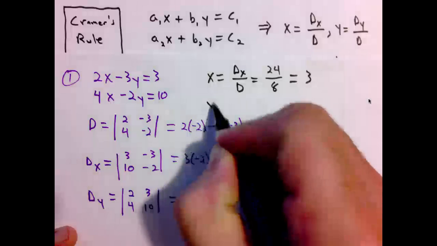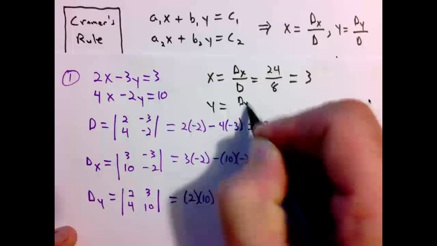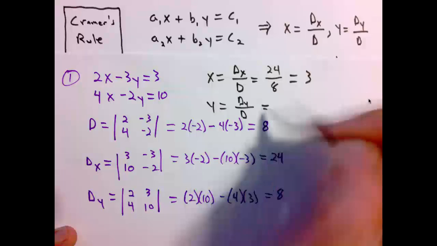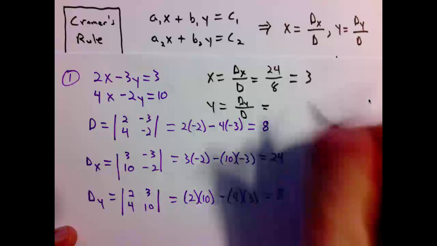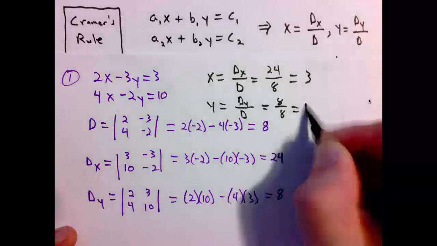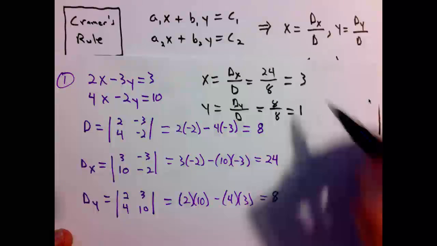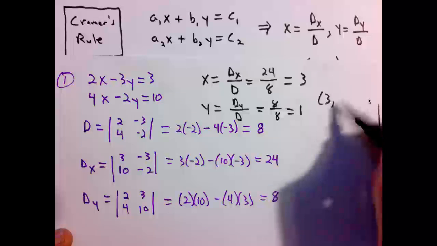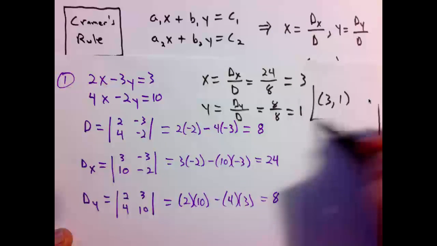The y is going to be d sub y divided by d. D sub y is 8. D is 8. 8 divided by 8 is 1. So we're left with a solution 3, 1. This is our solution.